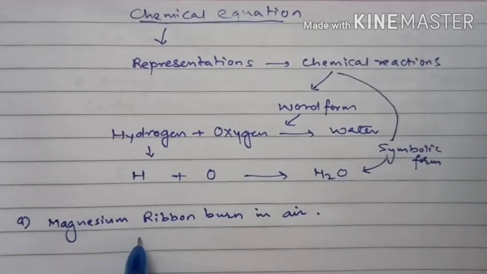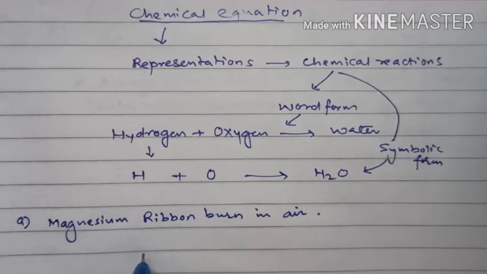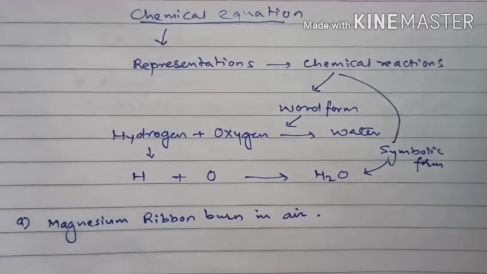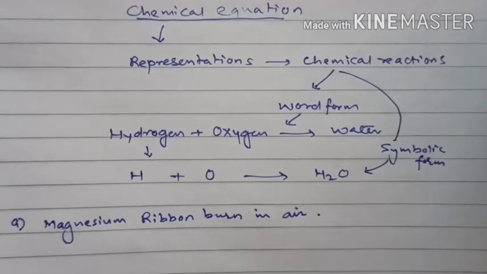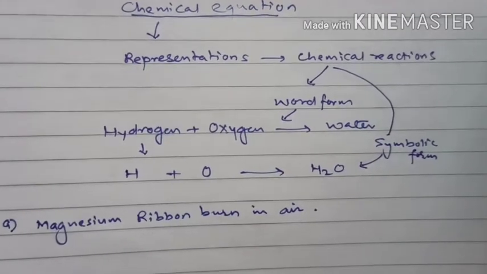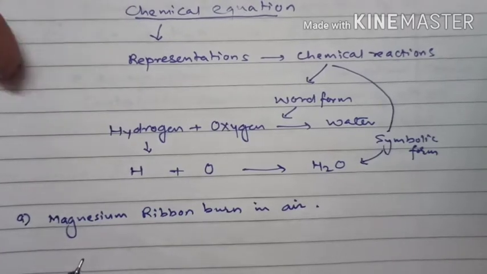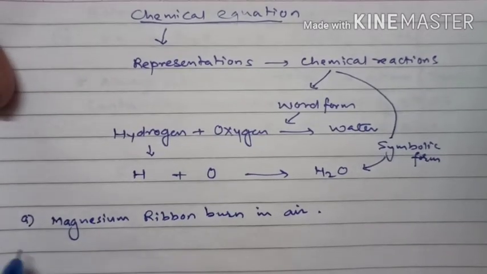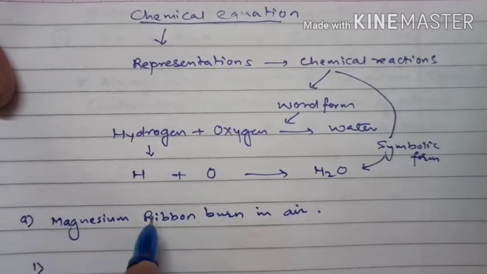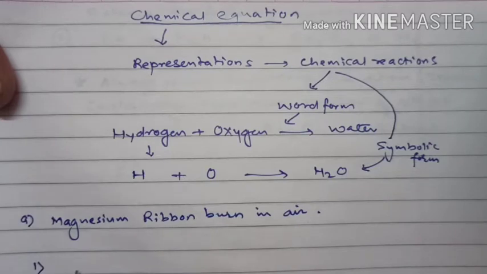Now what are the steps to write a correct chemical equation? So we will see a few steps and a few rules to write a correct chemical equation. The first step is to write the symbols of the reactants and the products taking part in the chemical reaction.